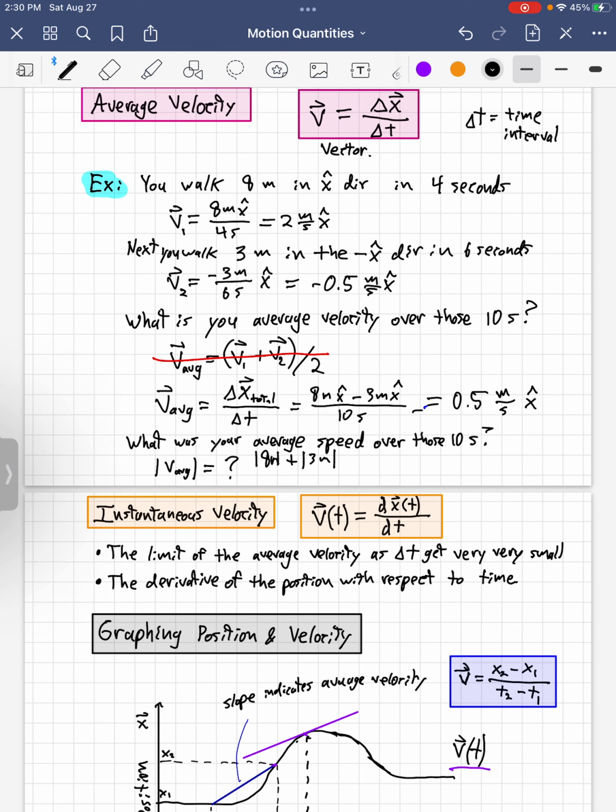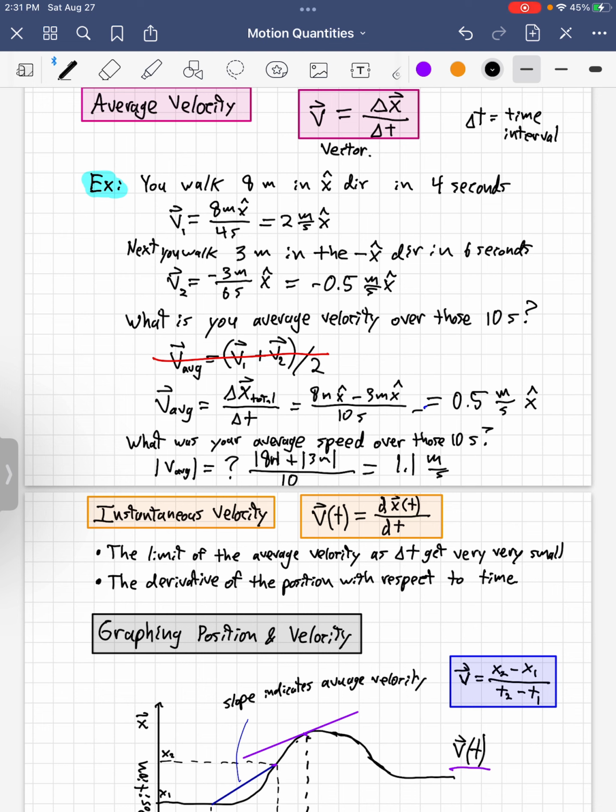Because it doesn't matter that we're going backwards. And then you would divide that by 10 seconds. All right, so our average speed is actually going to be around 1.1 meters per second. So you can see that's quite different than the average velocity.